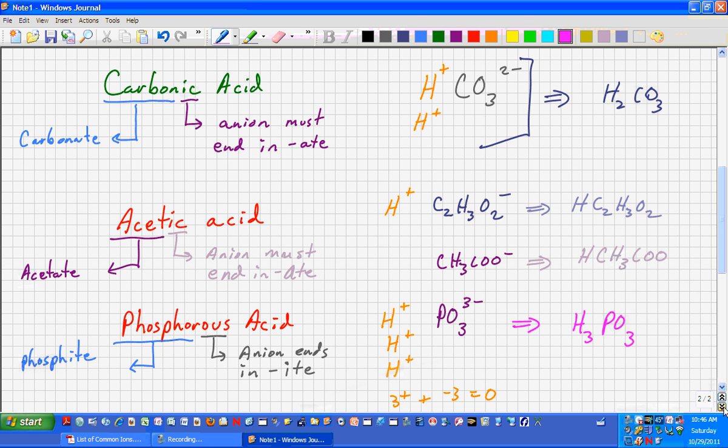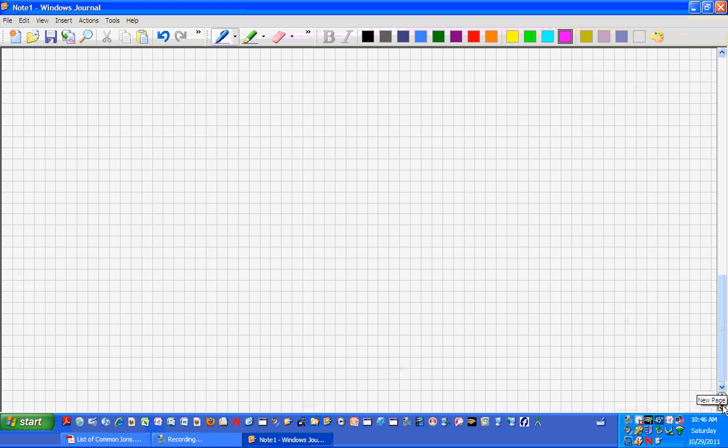Let's take a look at one more. Let's take a look at hydroiodic acid. Again, hydrogen is going to be the first ion there, H plus. Looking to identify some things, I've got two clues here. I've got ic and I've got hydro.